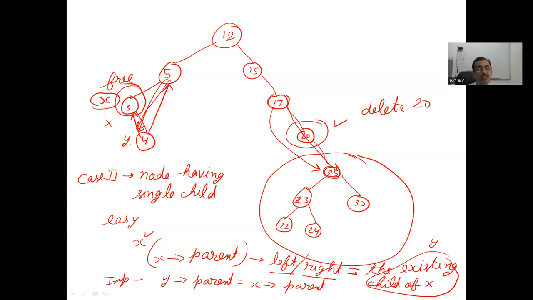We are not habitual of updating this parent link frequently, but you have to do this, because otherwise later during successor, predecessor, or other deletion cases, this might create a problem. Even in insertion, you might be using the parent pointer somewhere. So you have to be careful. So case 2 also becomes easy.